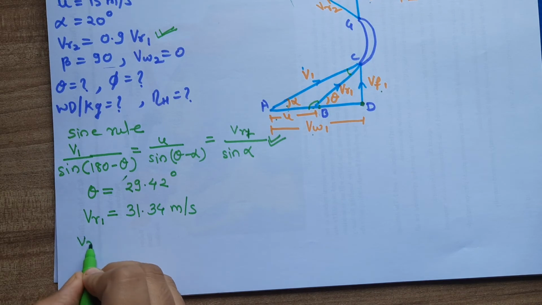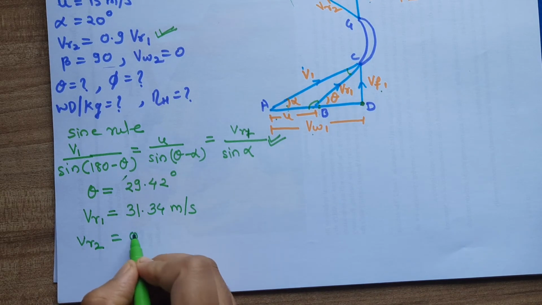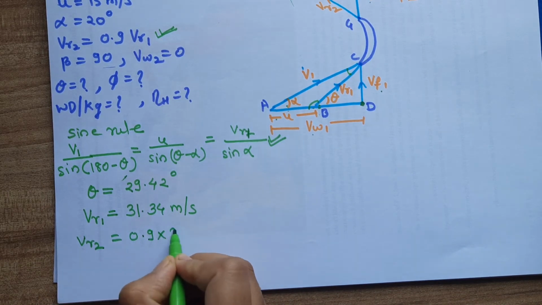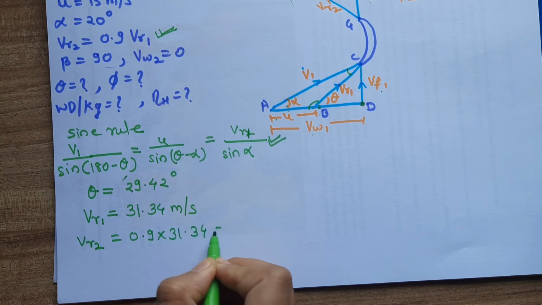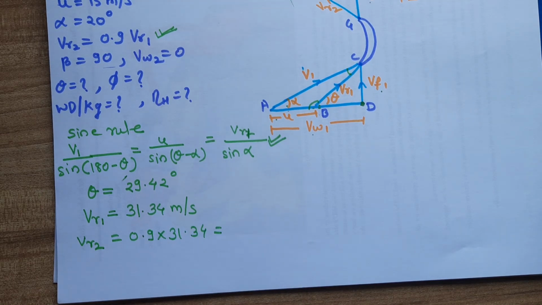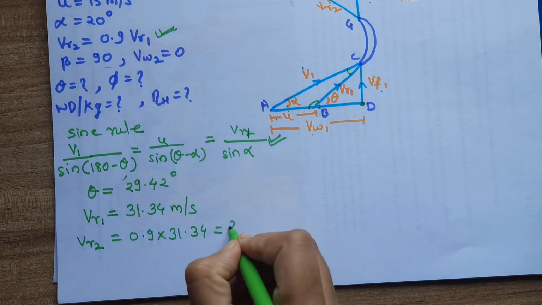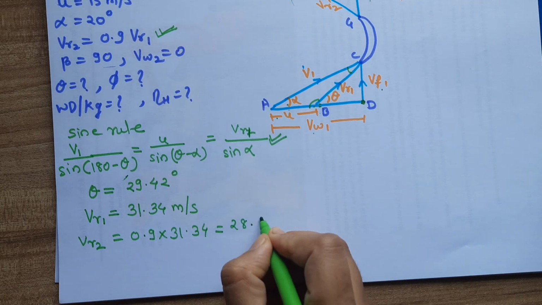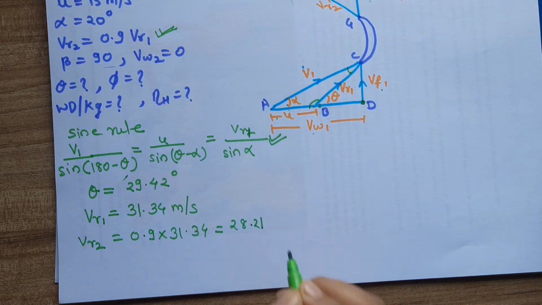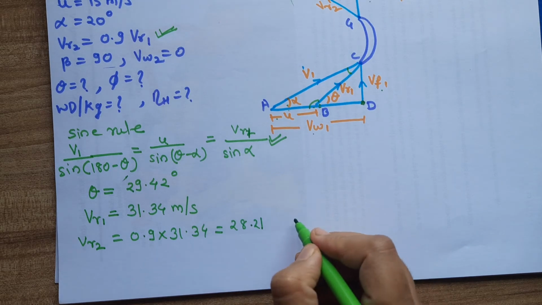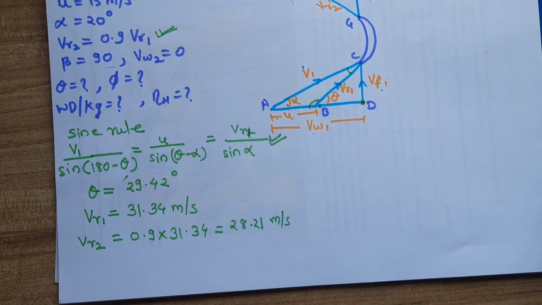And from here we will get VR2 as 0.9 of 31.34, and its value is equal to 28.21 meter per second.